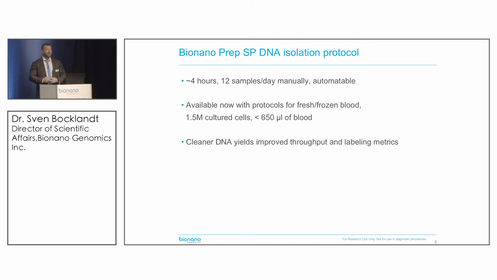It's very fast, takes only about 4 hours or so versus 2 days with agarose plugs. It's automatable, and we're working on that. And we can use this protocol right now for fresh or frozen blood. We need about 600 microliters, and about 1.5 million cultured cells work as well. We have very clean DNA, and it works just beautifully.